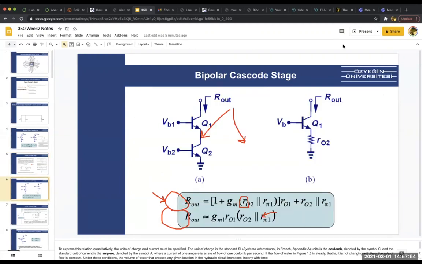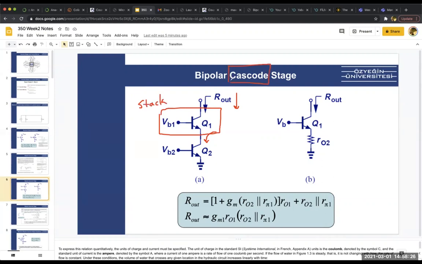If we look at the cascode stage, which again we covered in 301, we will see that this R out resistance gets much bigger. Previously we were looking at this R out, but now we stack another transistor, and that makes this a cascode transistor or amplifier.